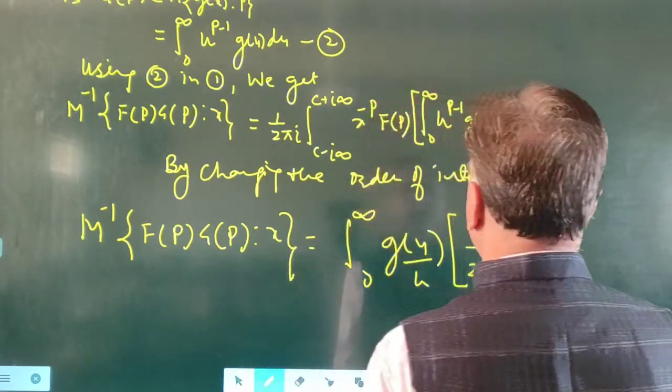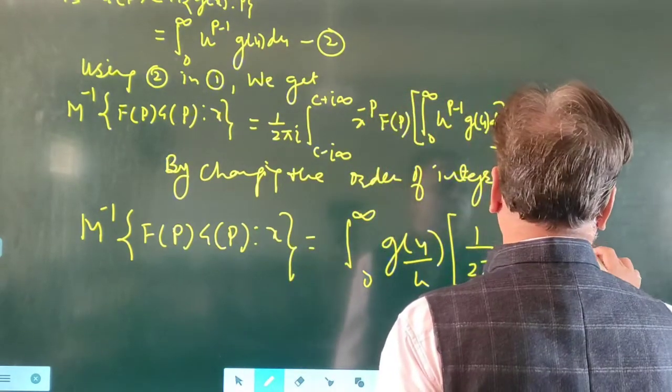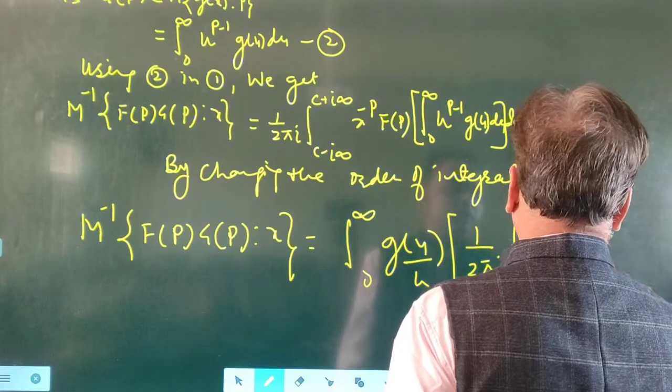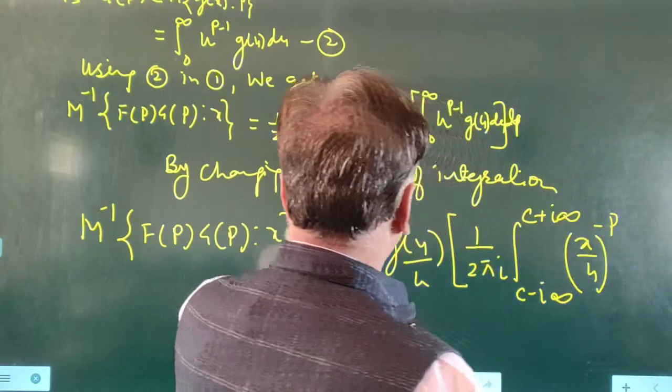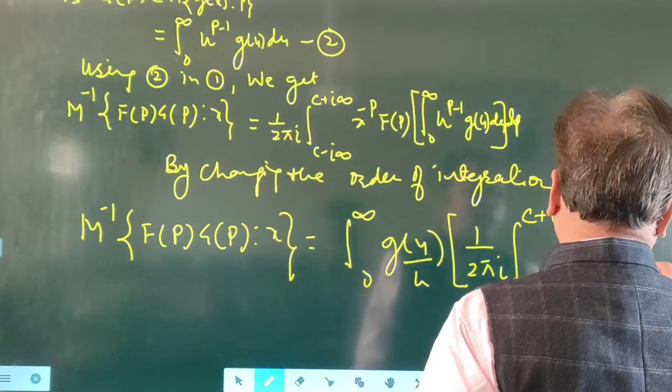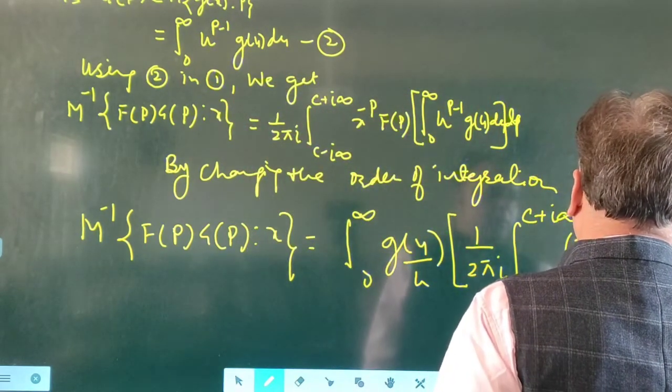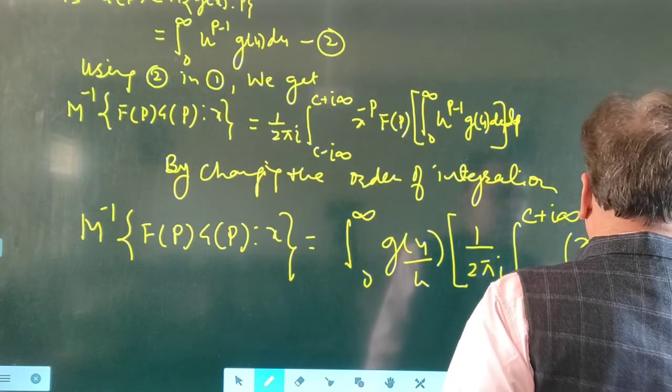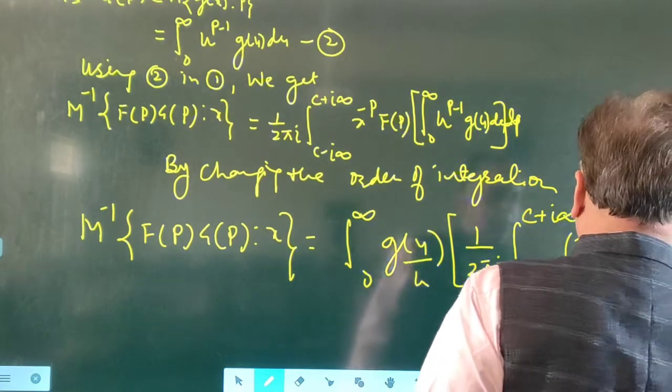This can be written as (x/u) raised to minus p F(p) dp, and then du. Equation 3.